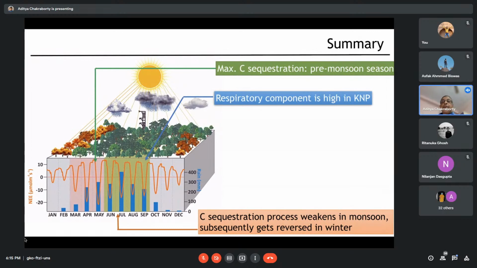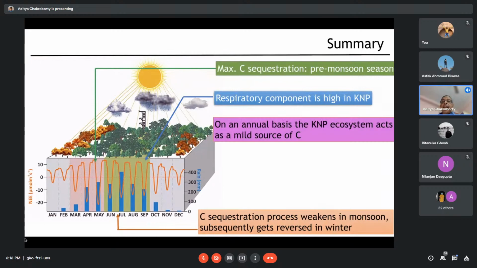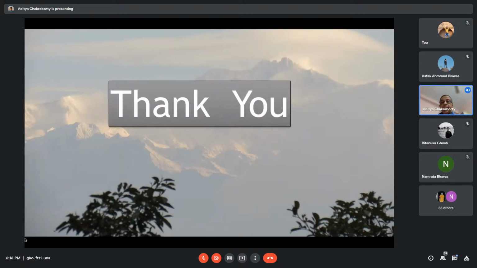The respiratory component is high, as I told you earlier, soil CO2 respiration is very high, which makes it a slightly carbon source process. And on an annual basis, the KNP ecosystem acts as a mild source of carbon. So this is my summary, and if you have any questions, I'll be happy to answer.